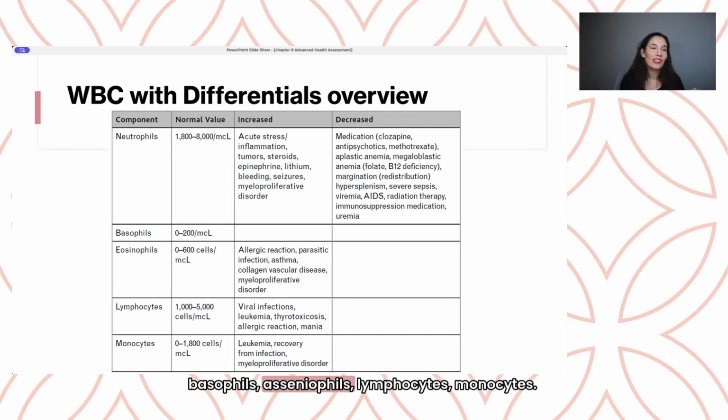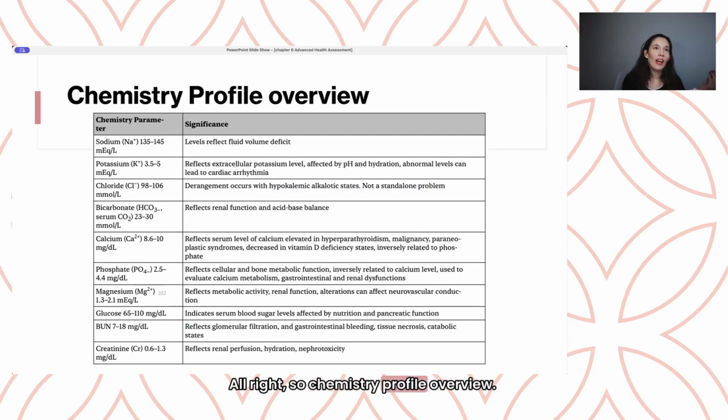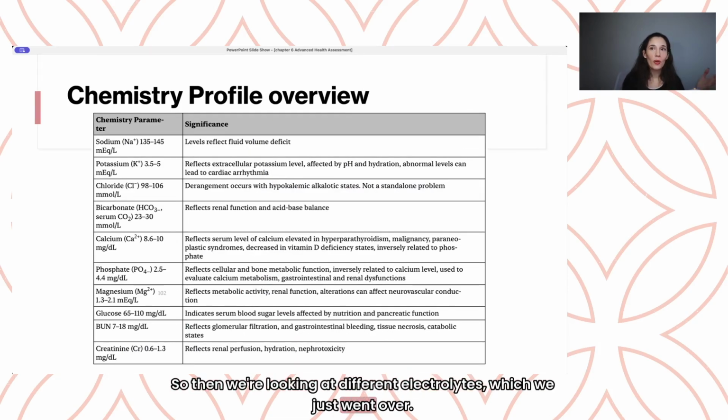Basophils, eosinophils, lymphocytes, monocytes, these are what it can be when they're increased. These are the levels that they should be. Just be aware of it. You don't need to memorize. All right, so chemistry profile overview. So then we're looking at different electrolytes, which we just went over. If they're high or low, what can kind of be the cause?